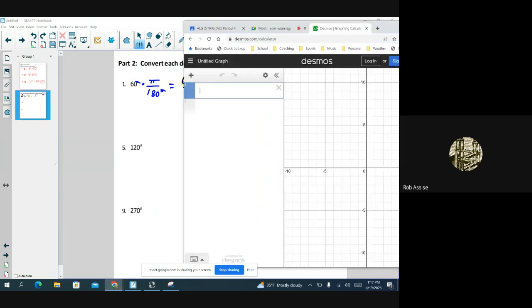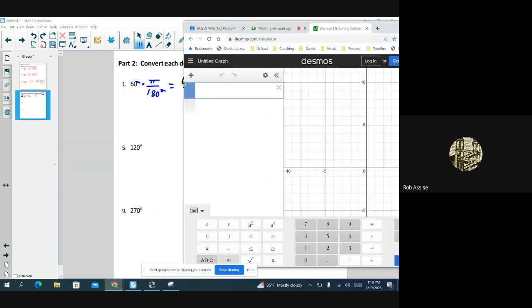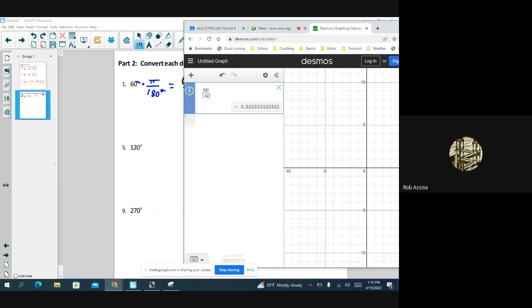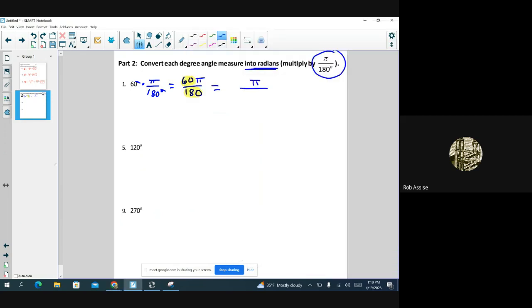So if we look at decimals, we can type in 60 divided by 180. You can see how that gives us 0.3 repeating, but if we hit this little fraction bar here, you can see that that will change into 1/3. So our answer would be 1 over 3, which we could just write as pi over 3.